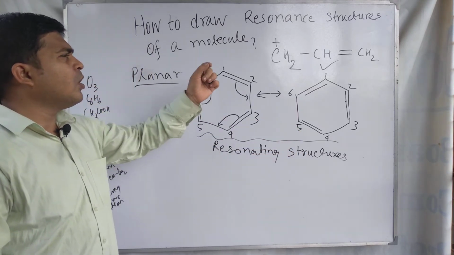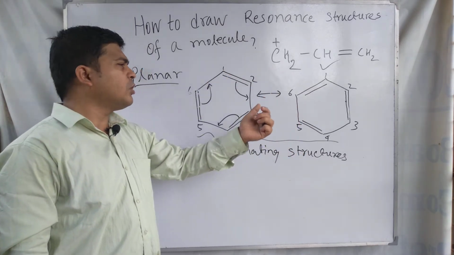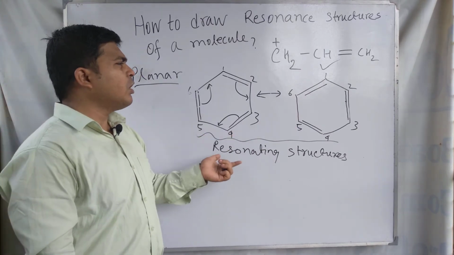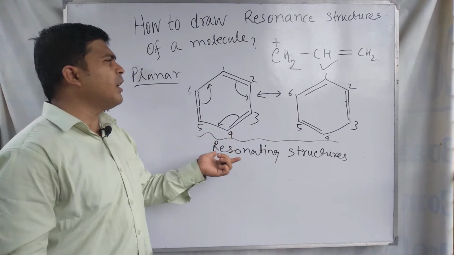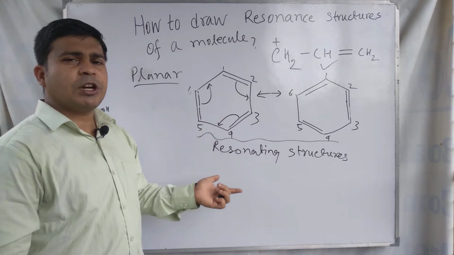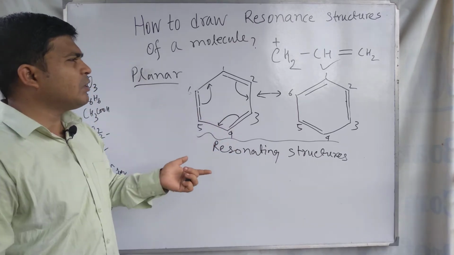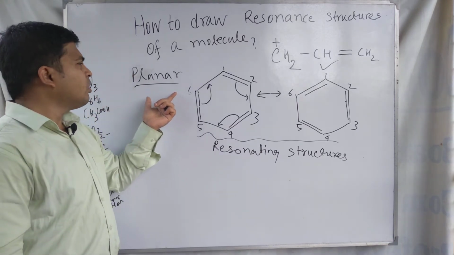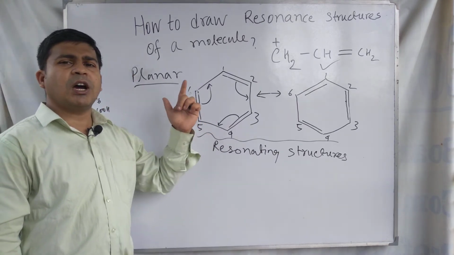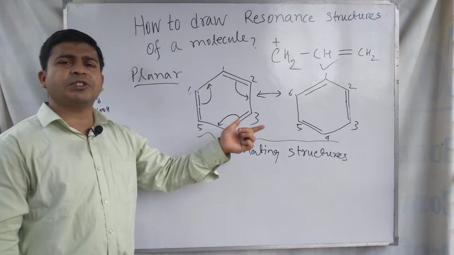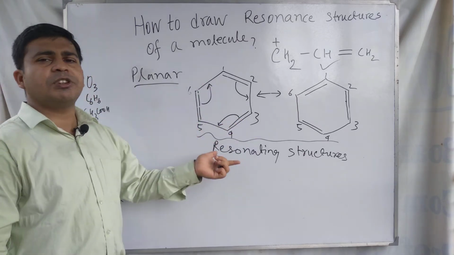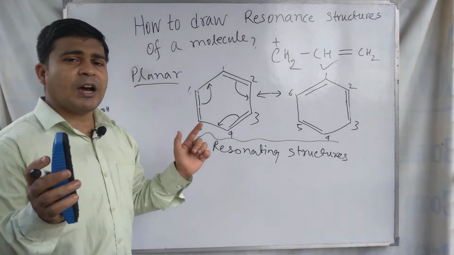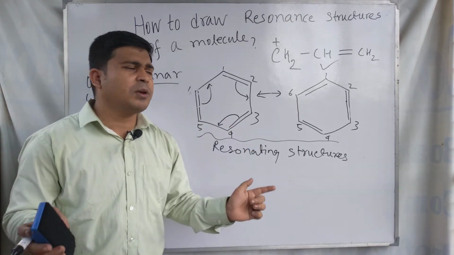Sp2 hybridized means that it is a planar molecule. So sp2 or sp hybridization is an important criterion for resonance structures. Each carbon in the molecule must be either sp2 or sp hybridized, not sp3.